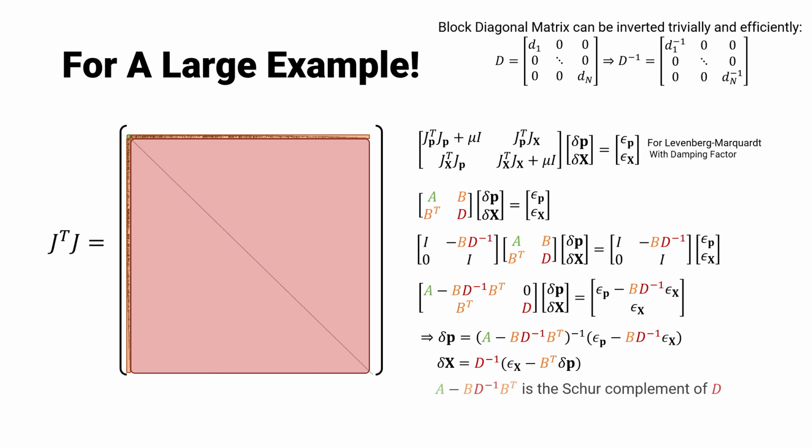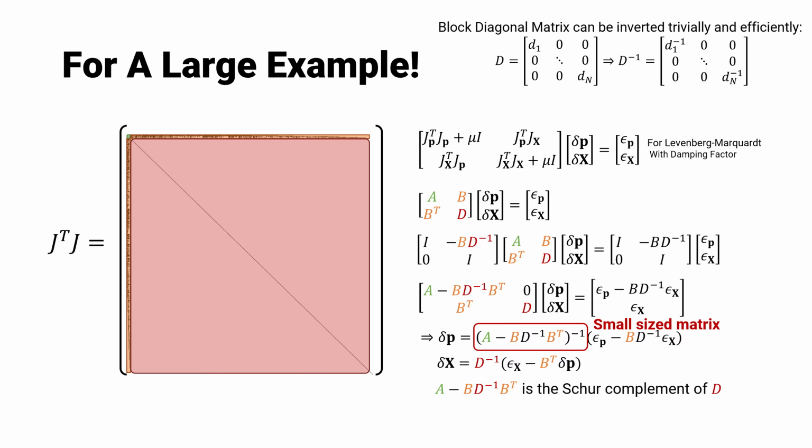And remember that A minus B D inverse B transpose is the Schur complement of D, which makes it super efficient for us because this Schur complement is a small matrix, of the size of camera pose by camera pose, which is like 1000 by 1000 or so rather than a million by million. So we save orders of magnitude by doing this trick, and we are able to do this in real time on a robot. This is the trick that really gets us to real time.